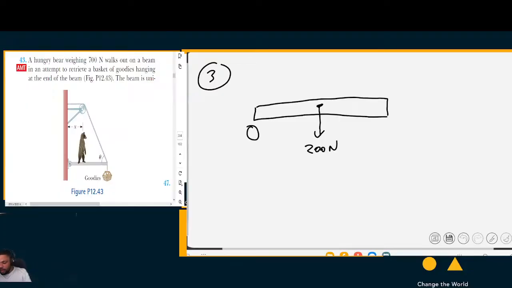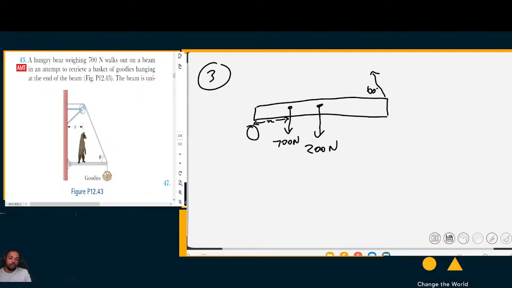The bear, there is an angle of 60 degrees. The bear walks along this beam, and this bear walks a distance of x, and the bear has a weight of 700 newtons.